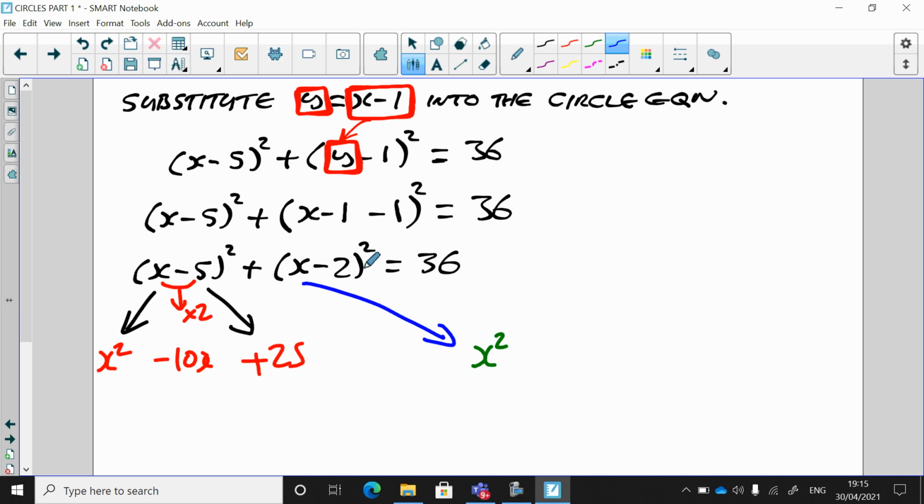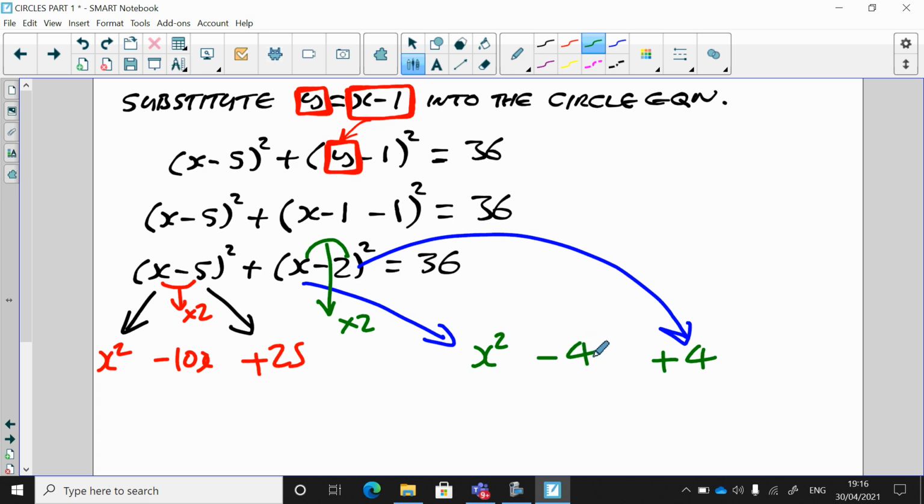Square the last: negative 2 squared is positive 4. For the middle part, multiply them together and times by 2. So x times negative 2 is negative 2x, and doubled that is negative 4x. That's how we get that there.